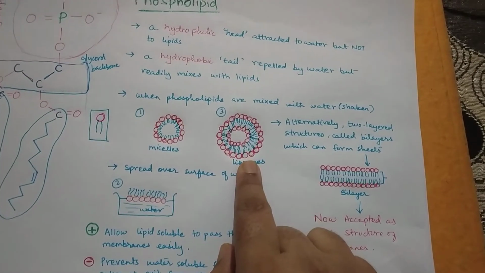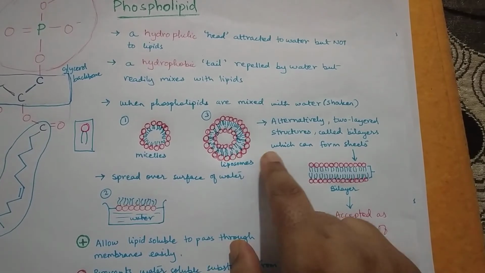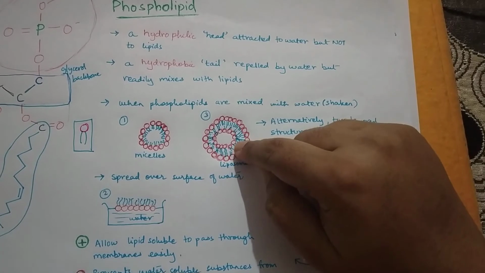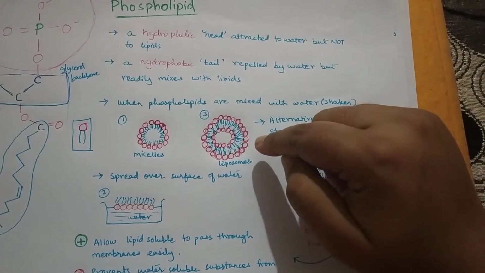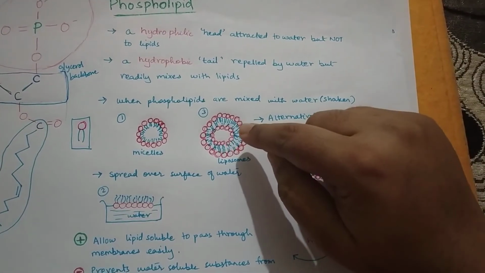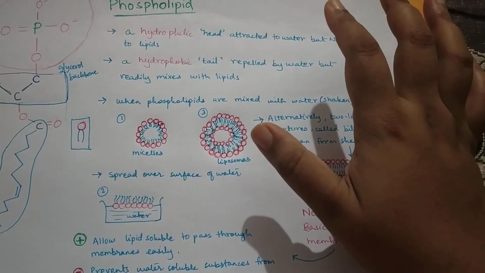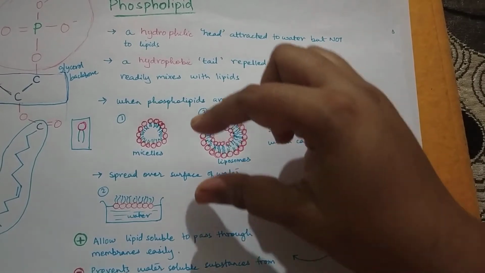In the third case, it was seen that alternatively, the lipids can form a bilayer. This means when there is a lot of water in the environment, they will try their utmost to expose themselves to water in the least possible manner. In that case, they will form two layers.